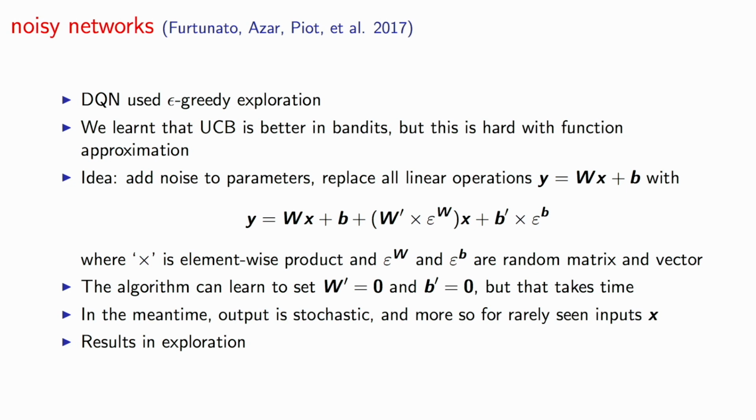And then what we'll do is we will replace this operation with a different one which is also linear, but we're basically adding additional inputs in some sense. And those are these epsilons, epsilon w and epsilon b, where epsilon w is a matrix of the same size as your weight matrix, and epsilon b is a vector of the same size as your bias vector.